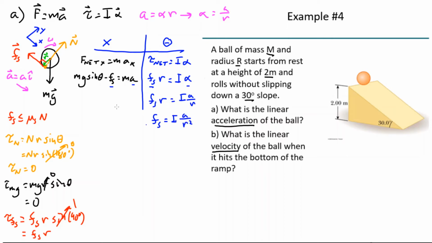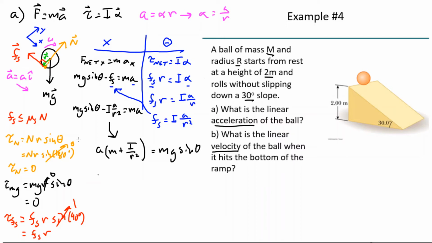And then I will plug this in up here for Fs. When I do that, I get mg sine theta minus I A over r squared equals ma. I can solve this for A, and I get that the acceleration of this ball, well, A times m plus I over r squared equals mg sine theta.